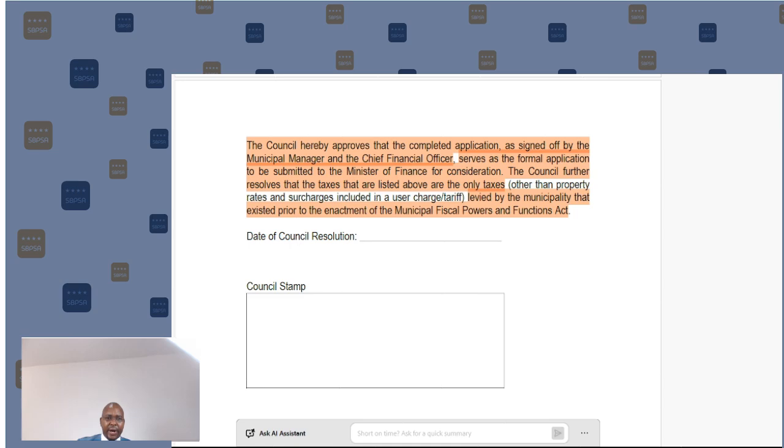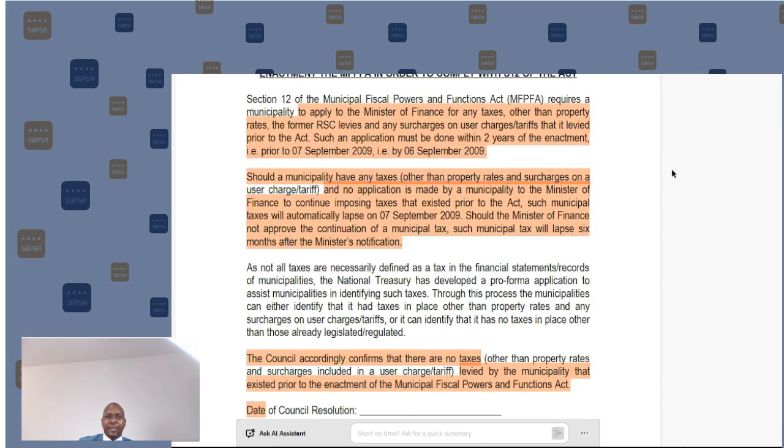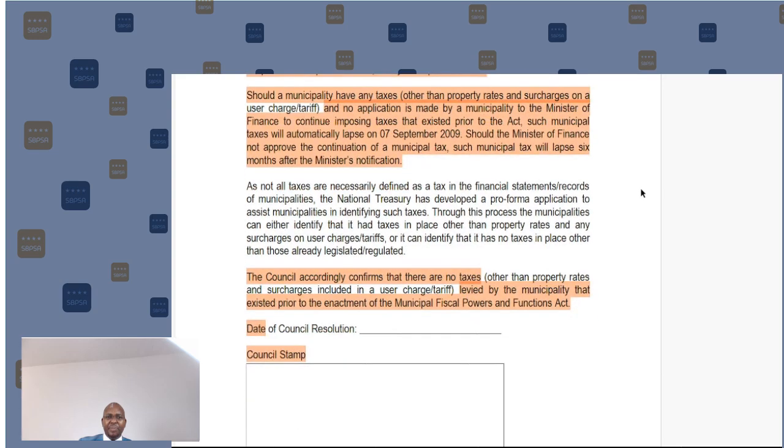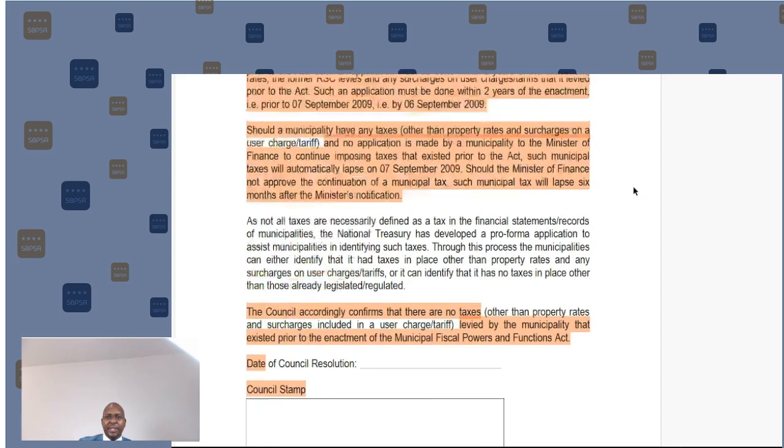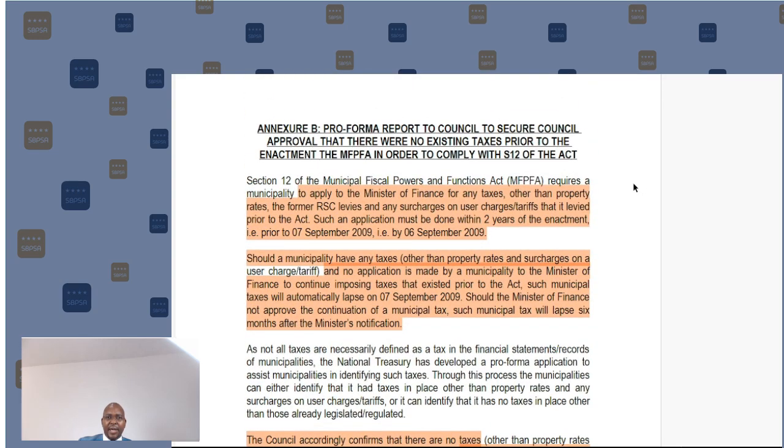Okay, I think now we are ready to go to the second annexure, annexure B. Annexure B is almost the same as annexure A, but here we're dealing with the approval where there were no taxes before.